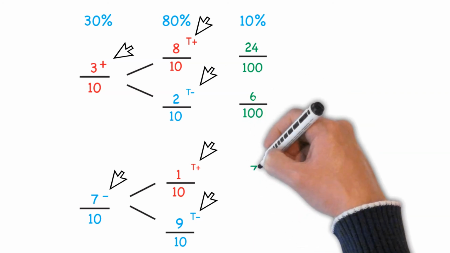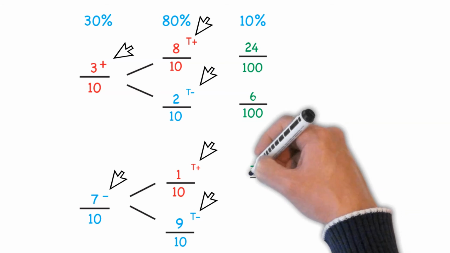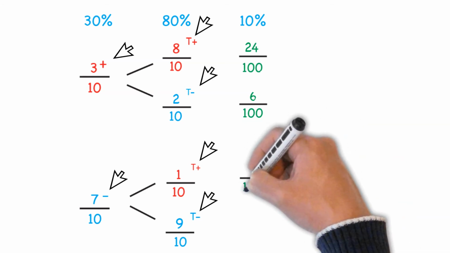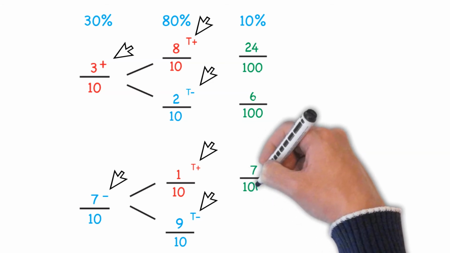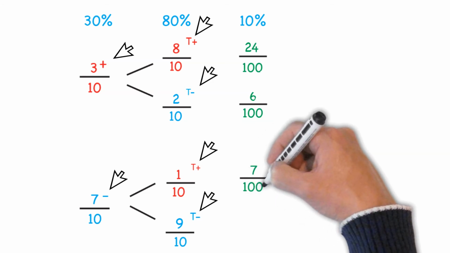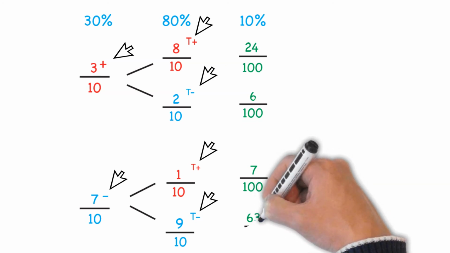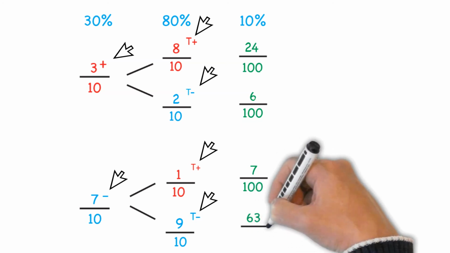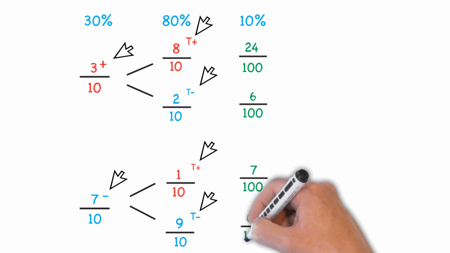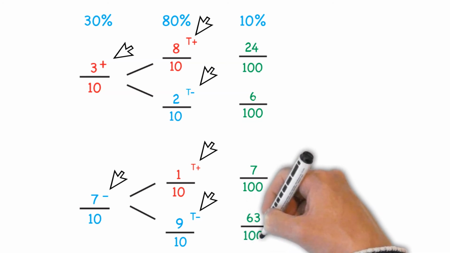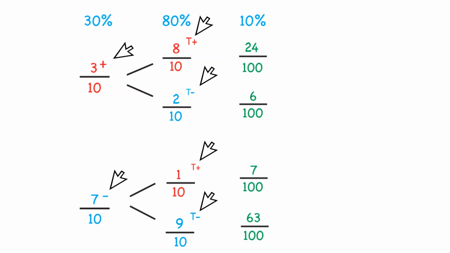This one is a bit scary, but it's not bad. It's 7 over 100. So there's a 7 over 100 chance that you're actually a person who doesn't have the disease, but you test as if you have. And finally here, 63 out of 100 is the probability that you don't have the disease and you didn't test for it.